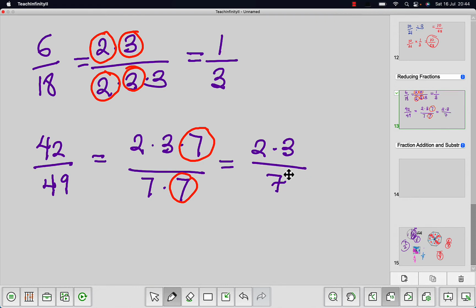So you break the numbers into their building blocks, cancel out the common prime numbers, put the numbers back together. And so 2 times 3 is going to give you 6 over 7. Again, simple. Break the numbers out into their building blocks, and then when you cancel out the common blocks, put the numbers back together. Very, very simple.